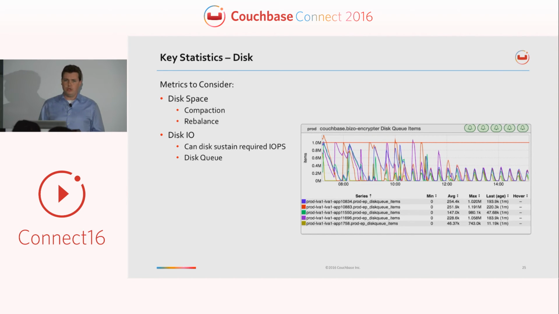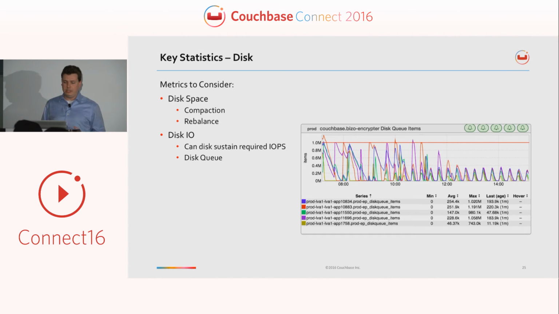We want to make sure that if we're writing to disk, number one, we can sustain the IOPS load. If we're doing 1 million writes per second, it's probably something that spindle disks cannot do. So for those use cases, we actually use SSDs to make sure that we don't back up the disk queue. And then secondly, the disk queue.